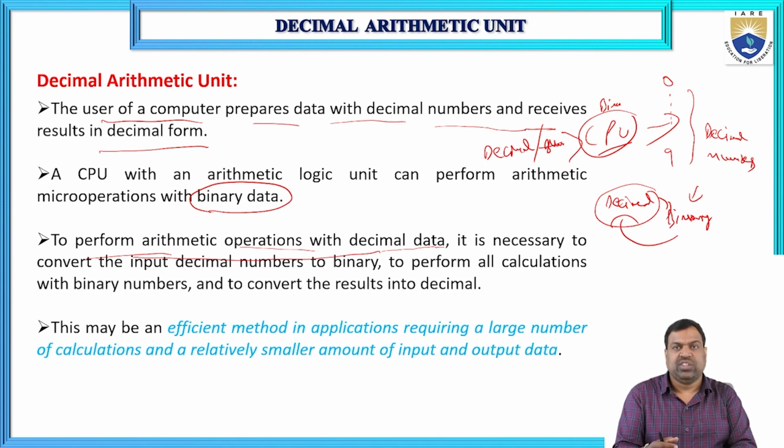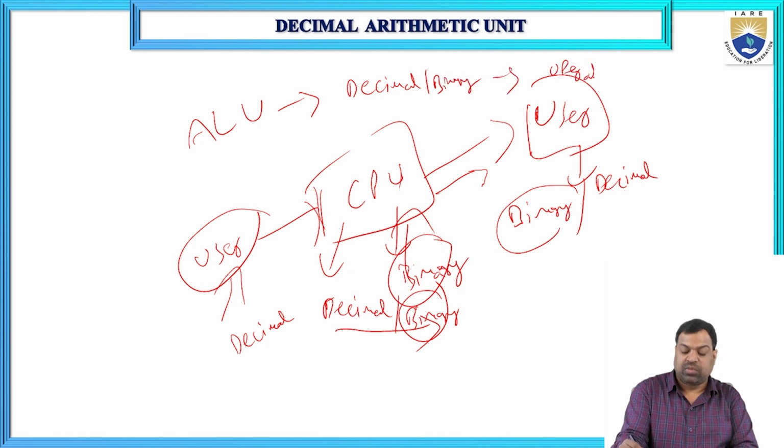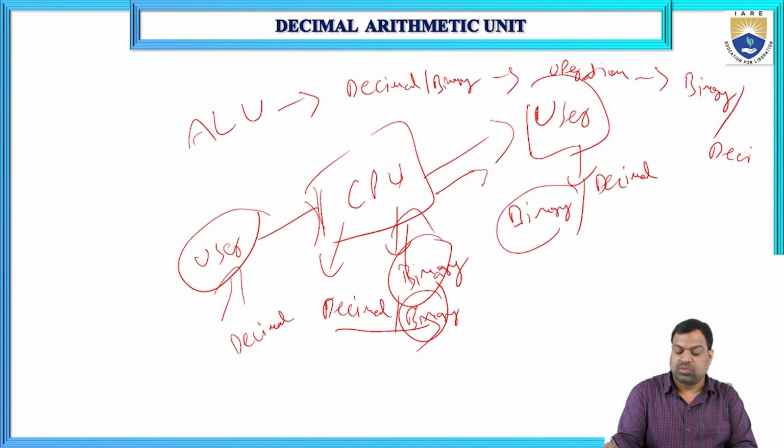The input of the arithmetic operation is decimal data, but it is necessary to convert it to binary. So, the work of the ALU is converting decimal to binary. Then the operation can be performed. After the operation, it will be converted from binary to decimal.